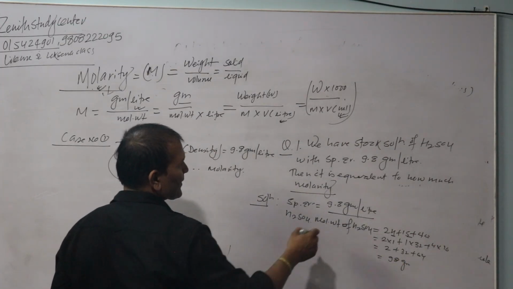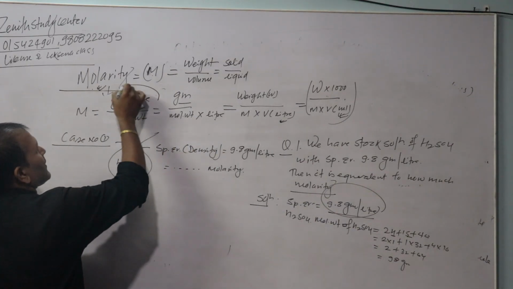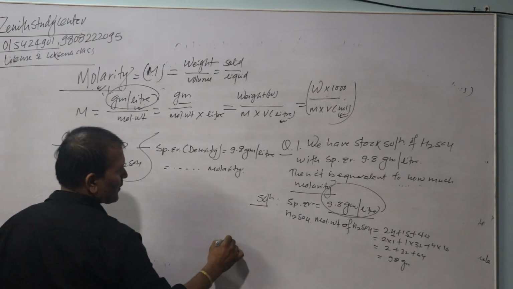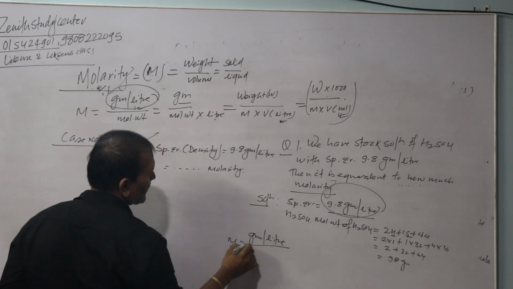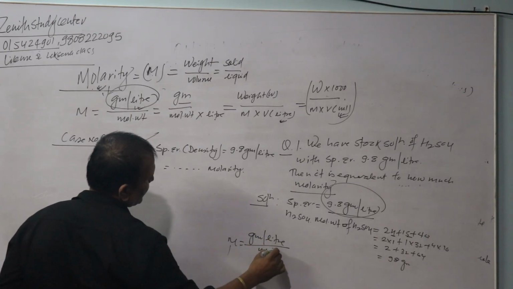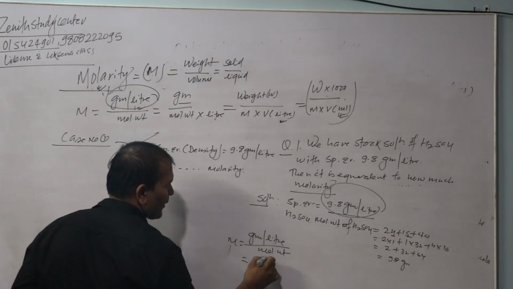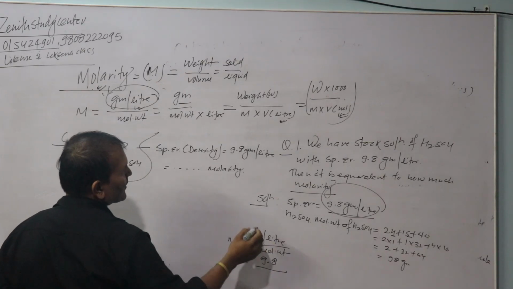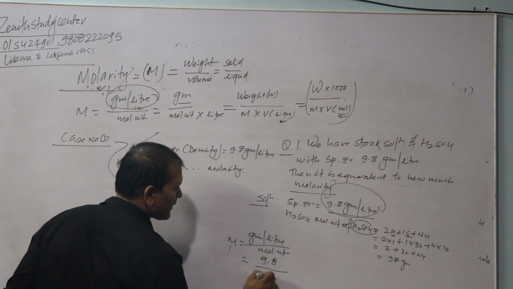So the question is given in gram per liter. So we have a formula of gram per liter: molarity M is equal to gram per liter by molecular weight. What is the gram per liter? 9.8. And what is the molecular weight? We calculated from H2SO4, 98.